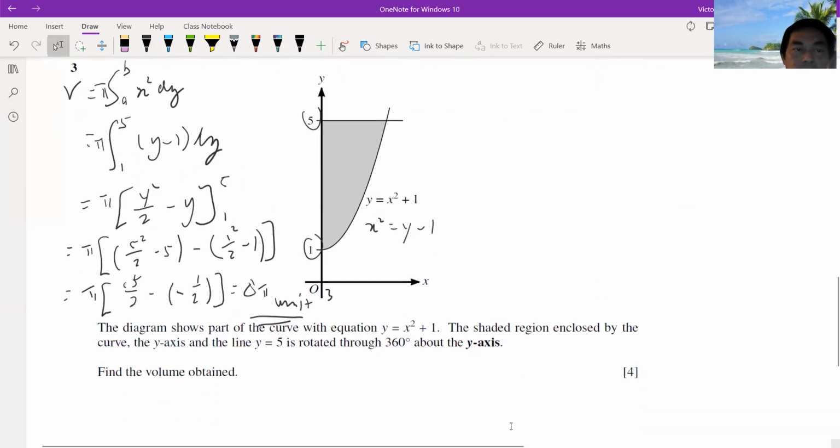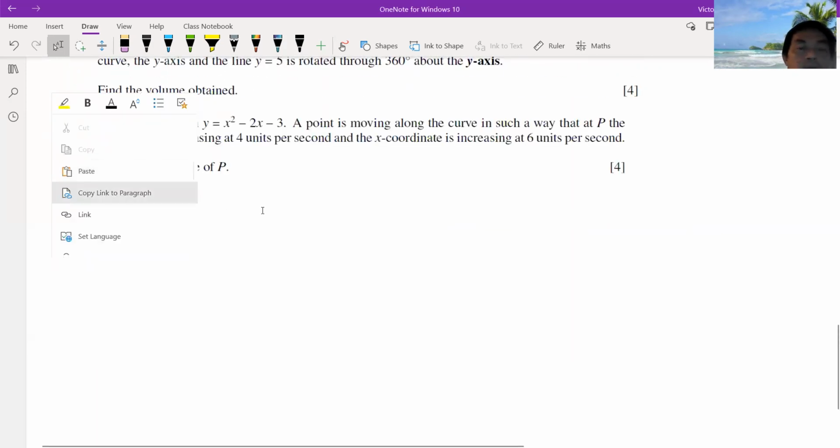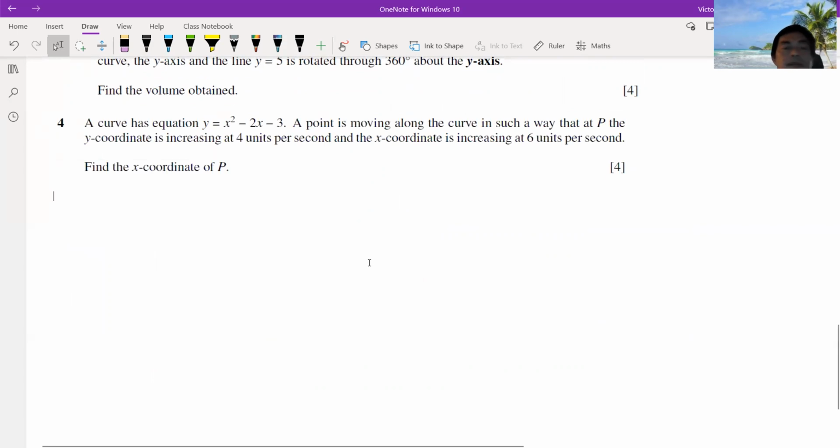Okay, question 4 is also a question on calculus. A curve has equation y equals x squared minus 2x minus 3.